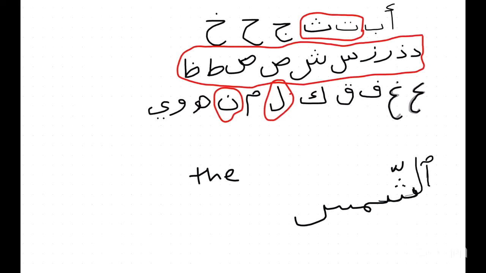Yes, we give it the a sound. So we say a, and we skip the lam. We do not pronounce the lam, and we pronounce the shin with the shadda. All right? So we say ashamsu. Ashamsu.